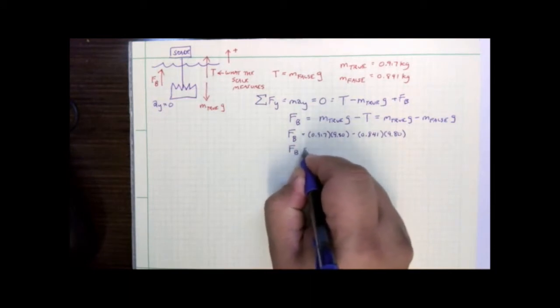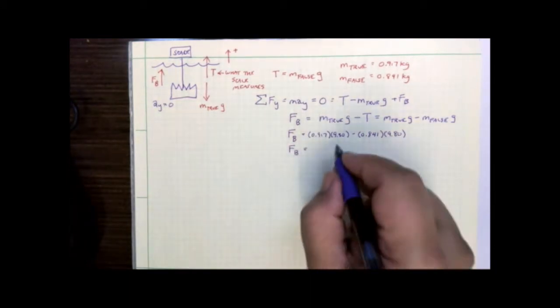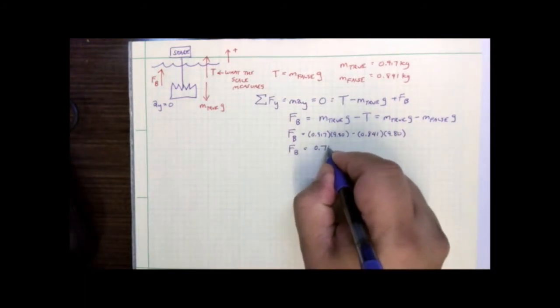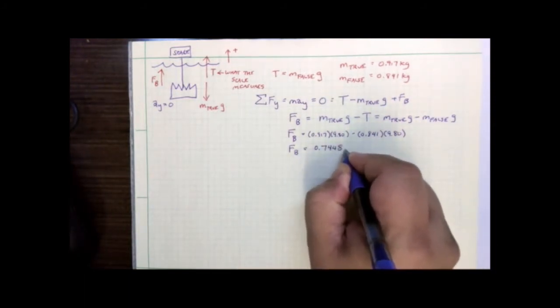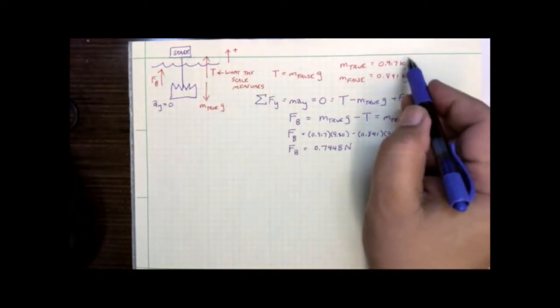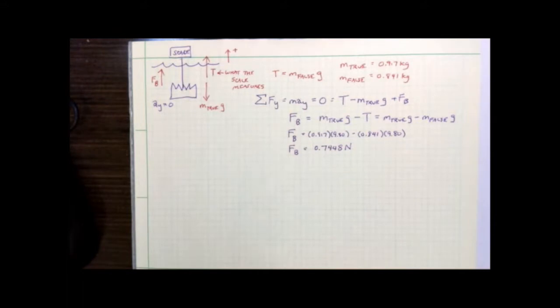That gives us a buoyant force of 0.7448 newtons. Since we have three significant figures in our data, we would report this as a buoyant force of 0.745 newtons.